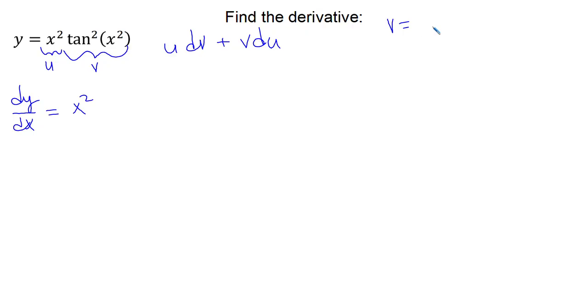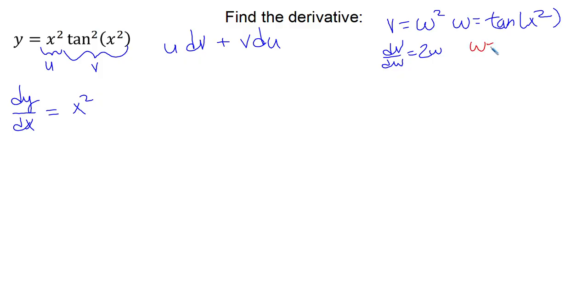So, well, if we think about that, that's a function, tangent of x squared, being squared. So we'll call that w squared, where w is the tangent of x squared. So to find dv/dw, that's just 2w. But to find dw/dx, well, we're going to have to use the chain rule.